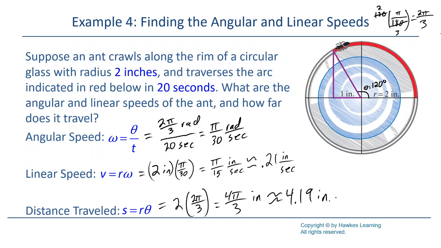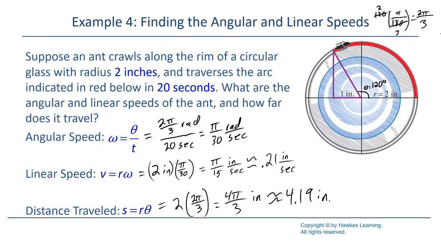So in 20 seconds, it covers approximately 4.19 inches, which makes sense because I said here, you cover an inch every 5 seconds. So it's covering just a little bit more than an inch every 5 seconds. So 5 times 4 is 20, and it makes sense that this is a little bit more than 4.